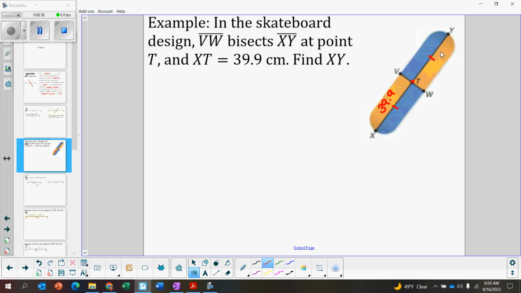We want to find the entire length of XY. So if T was the midpoint, that means this side is also 39.9. So together, I could either do 39.9 plus 39.9 or 2 times 39.9, and we get a total length of 79.8 centimeters for XY.